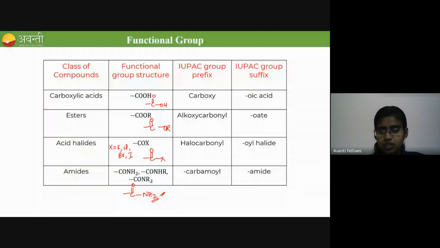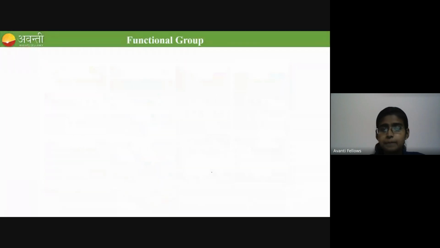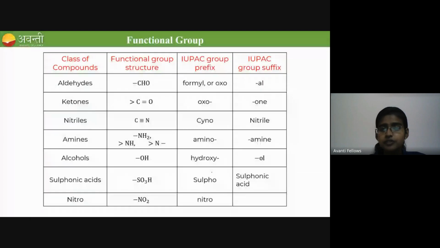So these are the 4 important functional groups, and following these we have some others also. Just take a note of it quickly. I'll go with the 5th functional group, which is aldehydes. The formula for aldehyde is CHO, that is C double bond O with H. The prefix is oxo or formyl, and the suffix is al. Since aldehyde starts with al, it ends with al.